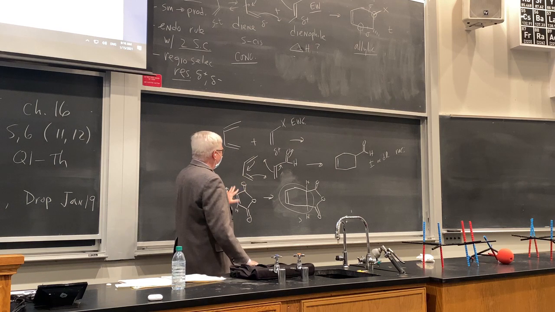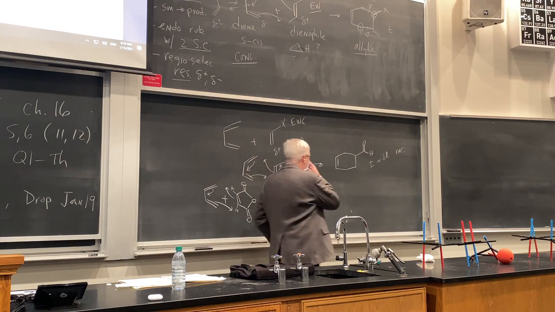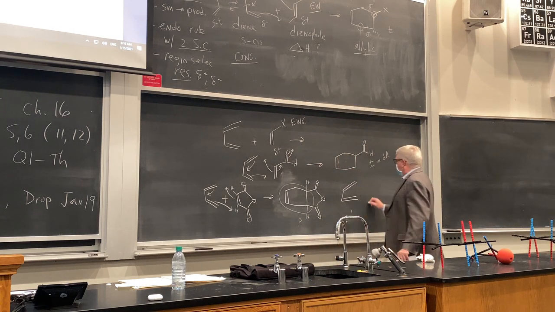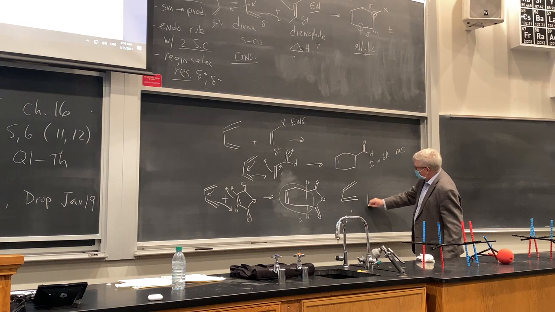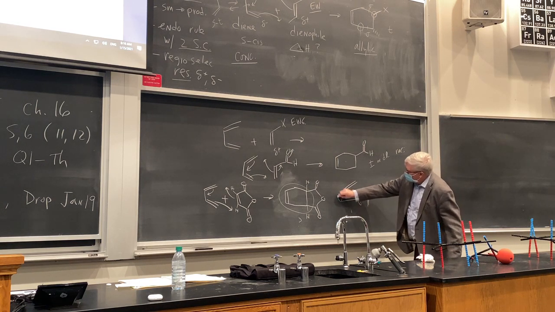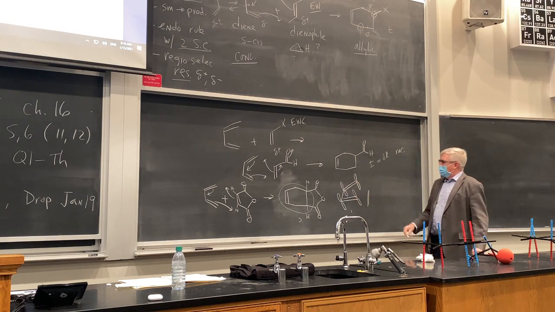We'll see. Let's examine the transition state and see what we're talking about here. So when we talk about the reaction, we have our diene and we have our dienophile. And we've got our pi bonds here. I'm drawing the p orbitals there.